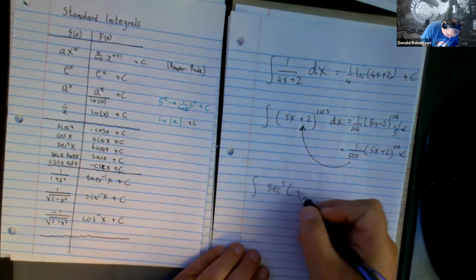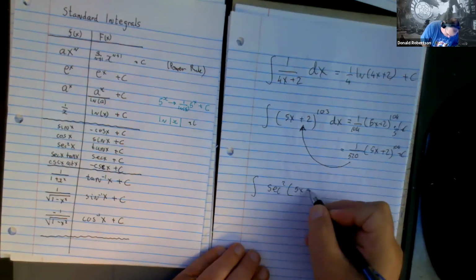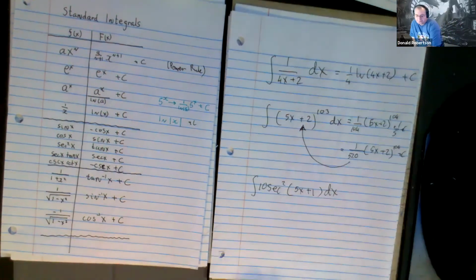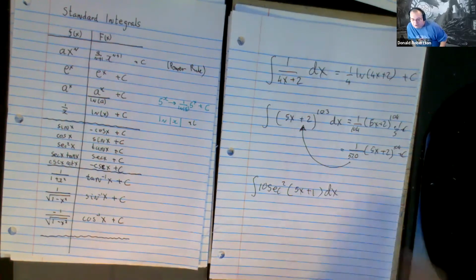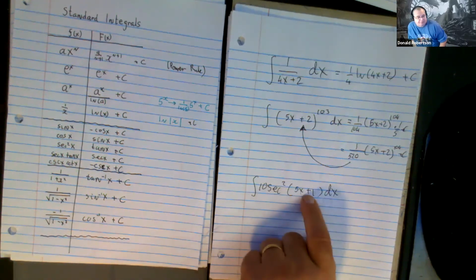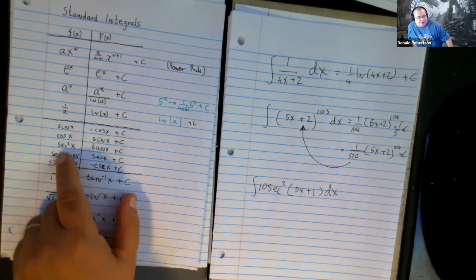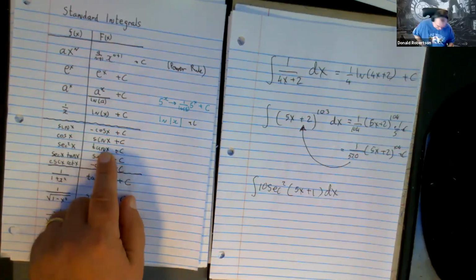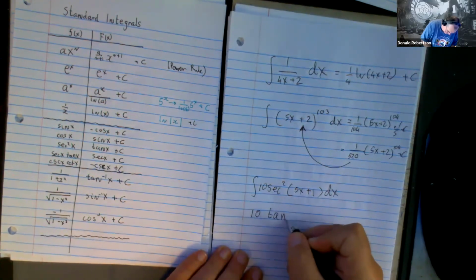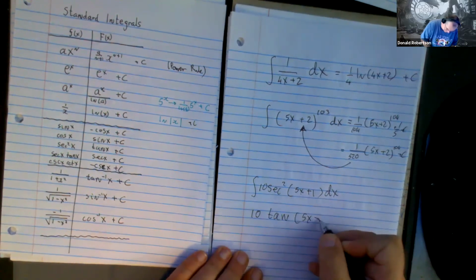10 secant squared (5x plus 1), right? Now I'm looking at that guy, and what I'm seeing is 10 secant squareds. And I know the antiderivative of secant squared is a tan. So it's going to be 10 tans.